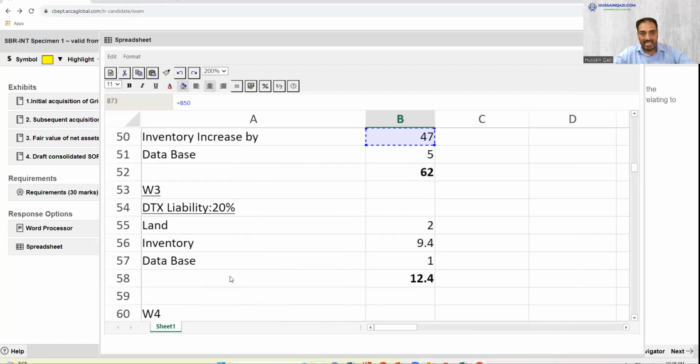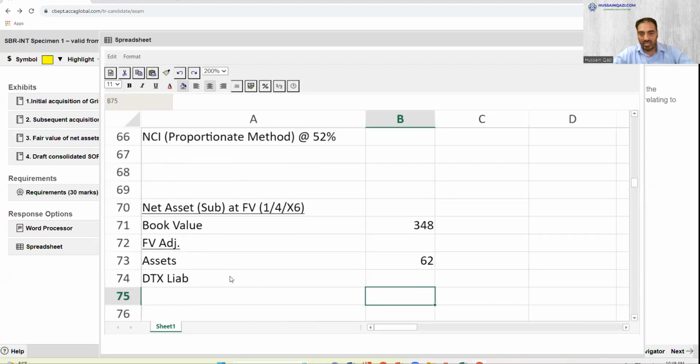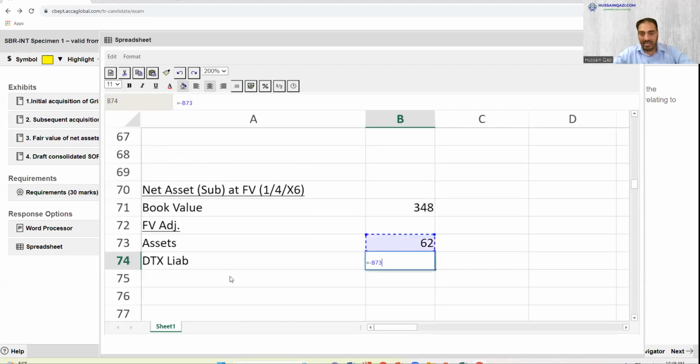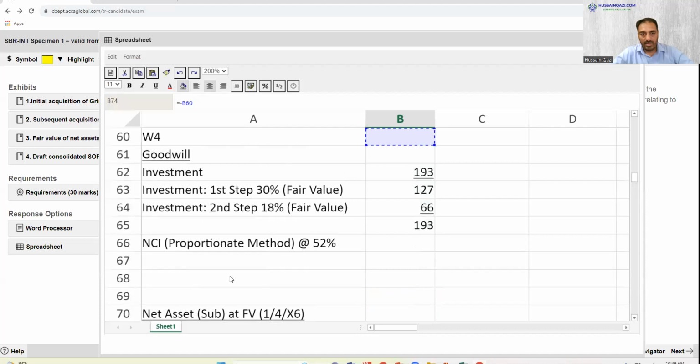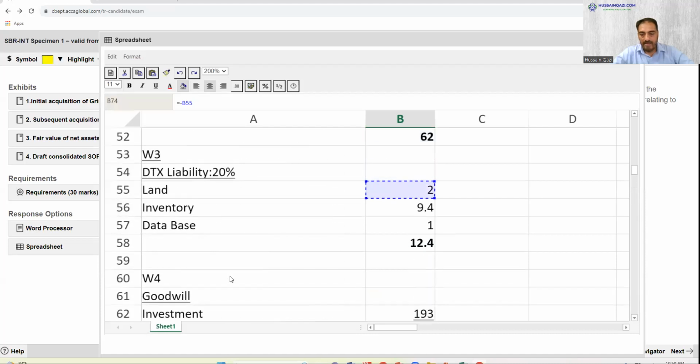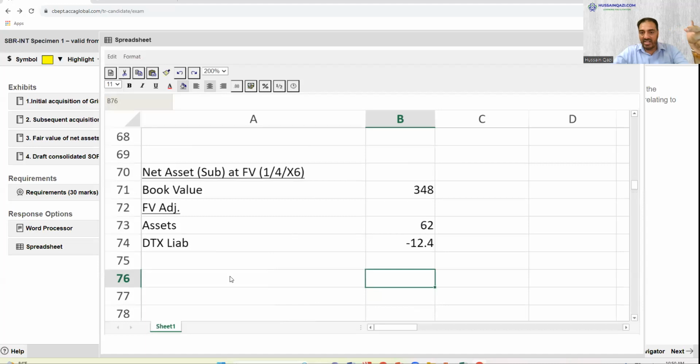Assets increase by 62, and the liability reduces the net asset, so the sum is 397.6. The fair value of net assets is 397.6.